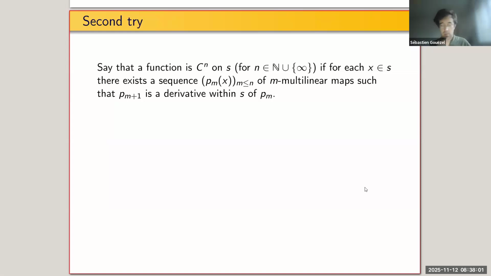So let me do a second try. I could say that the function is Cn on this set S. Note that I'm not talking about C omega yet. It's gonna come later, but first I'm focusing on the case Cn for n a natural number or infinity. You could say that the function is Cn on S if there exists a sequence Pm of x of multilinear maps such that P0 should be your original function. I forgot to write it.